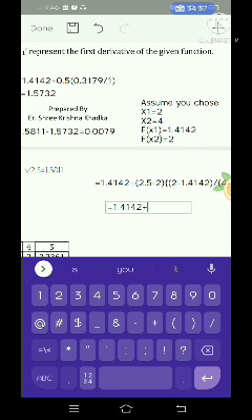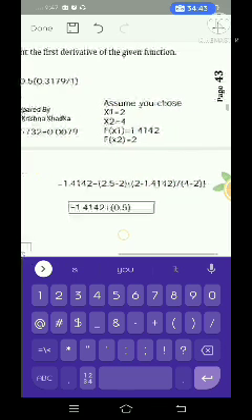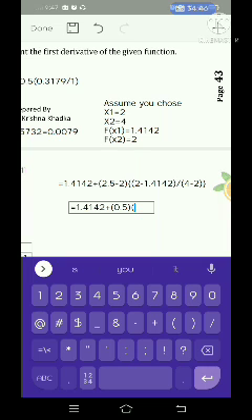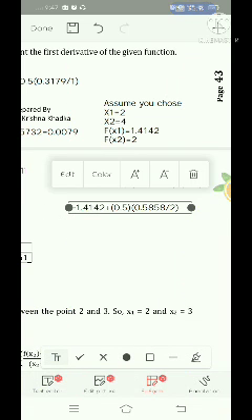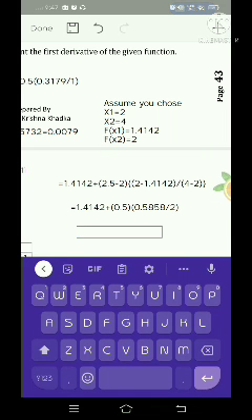Isa-isahin ulit natin. So, we have equal 1.4142 plus 2.5 minus 2, that is 0.5, times 2 minus 1.4142, that is 0.5858, divided by 4 minus 2, that is 2, of course. So, check natin.